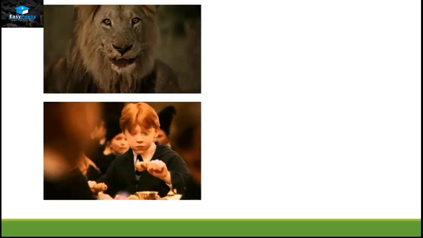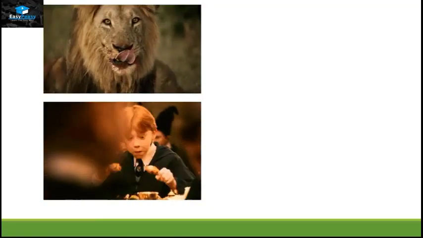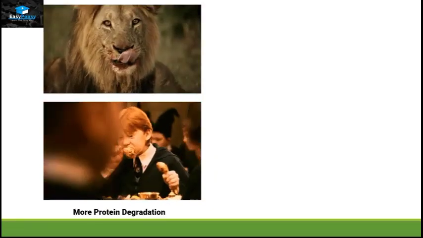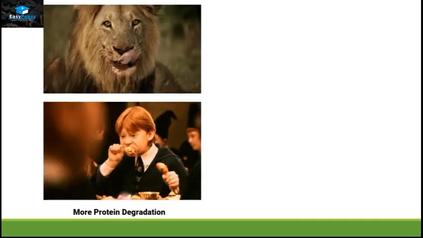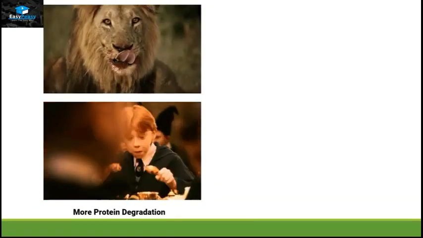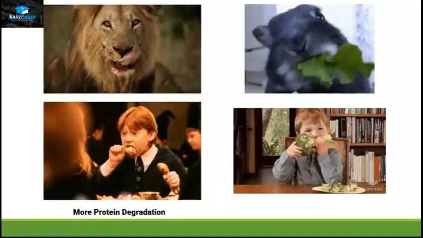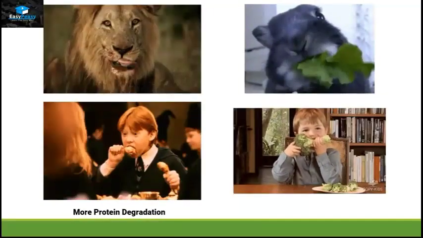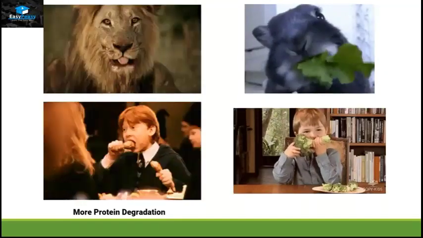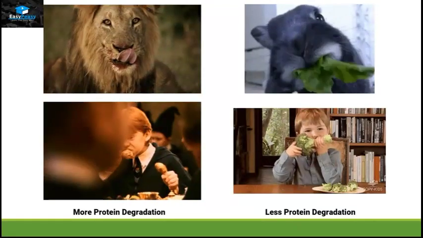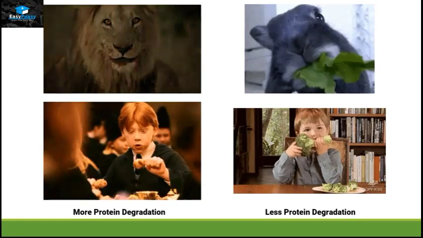While in a diabetic animal, the glucose is not available, so the body will switch to the metabolism of amino acid. In carnivorous animals, we have less amino acid degradation, because there is sufficient carbohydrate that is able to do the energy production.